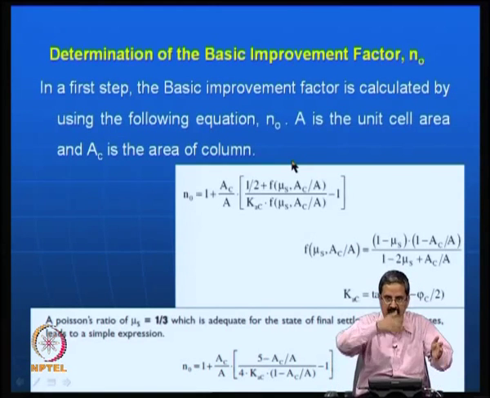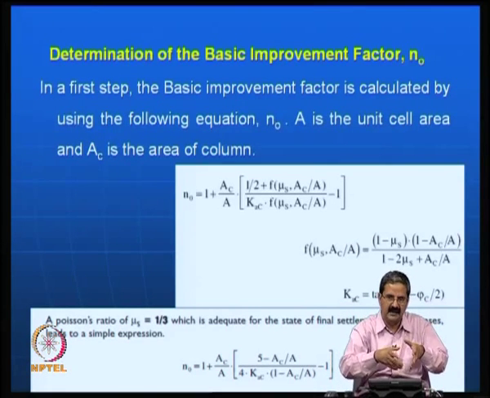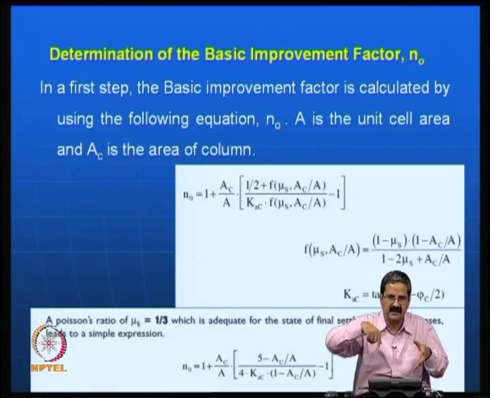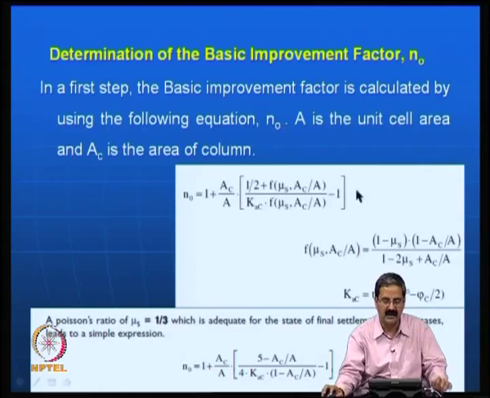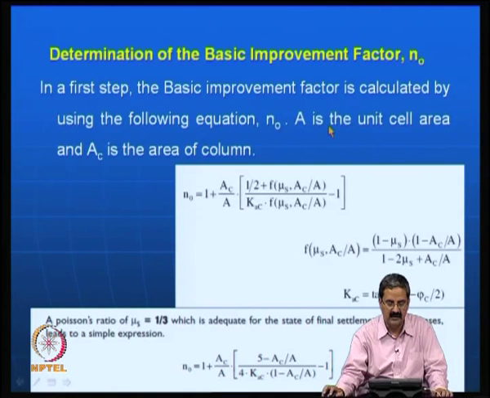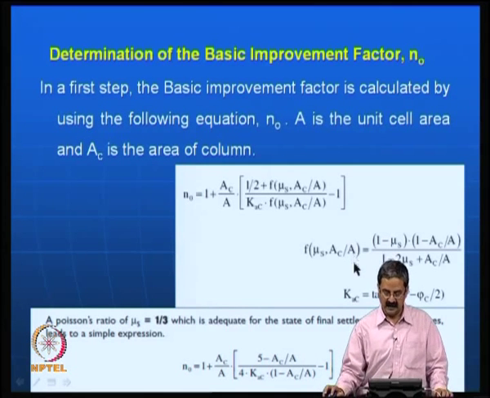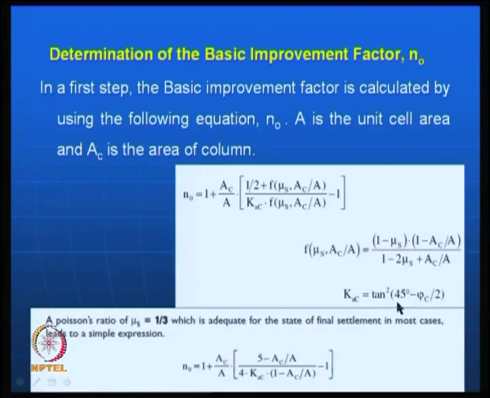As I said, any stone column has some area that it influences, so that surrounding area becomes stronger. That is called the area ratio, AC by A. And then this is the friction angle of the stone column.